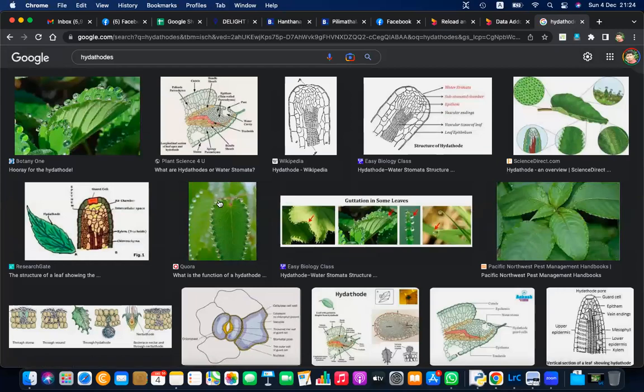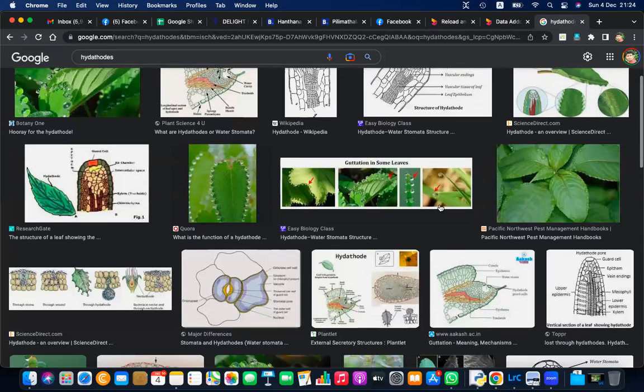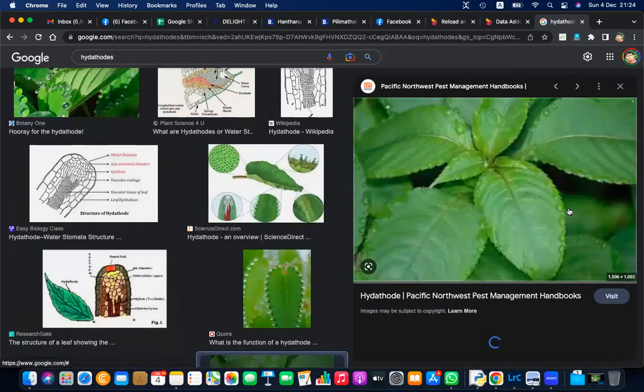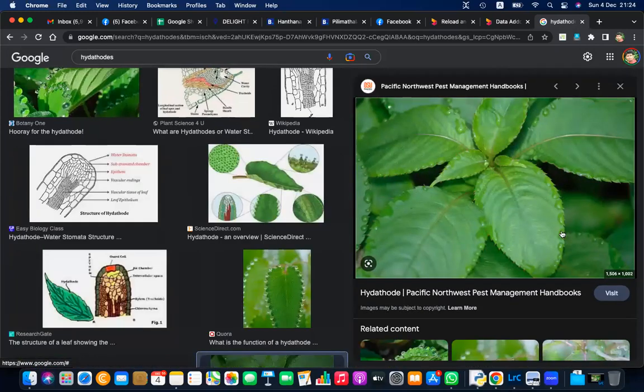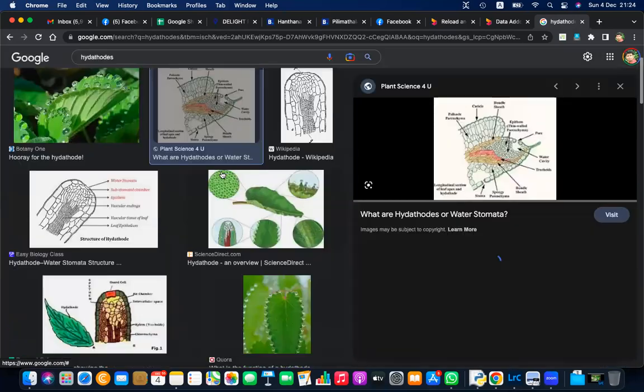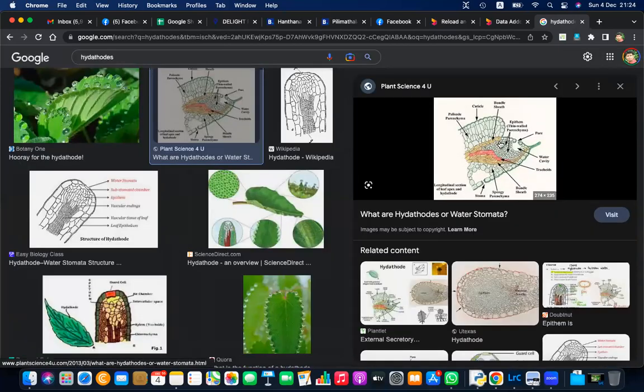Some plants have them, but I'm not sure whether you have seen something like that. When a plant has hydathodes, you can see these drops of water in the corner. The cell structure of that is not stomata, right? Don't misunderstand, that is not stomata. Stomata is a different hole, but this is in the corner of the leaf.